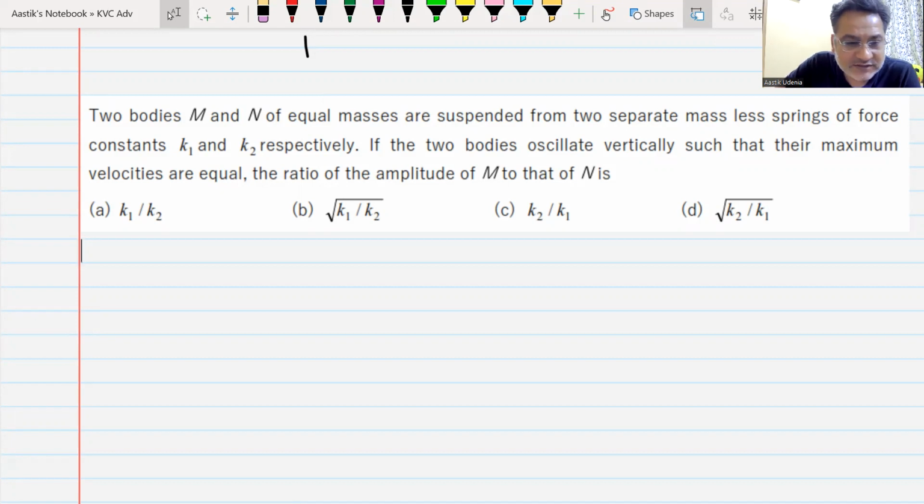If the two bodies oscillate vertically such that their maximum velocities are equal, what is the ratio of the amplitude of M to the amplitude of N? Question number 4 or 5, whatever it is.